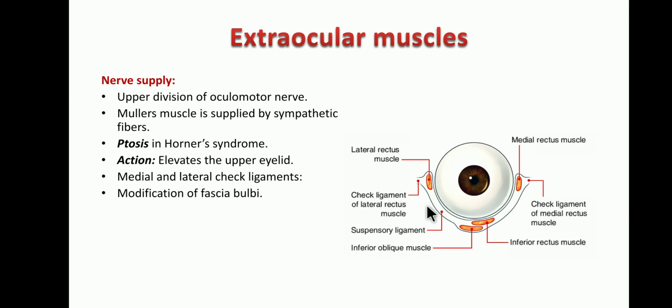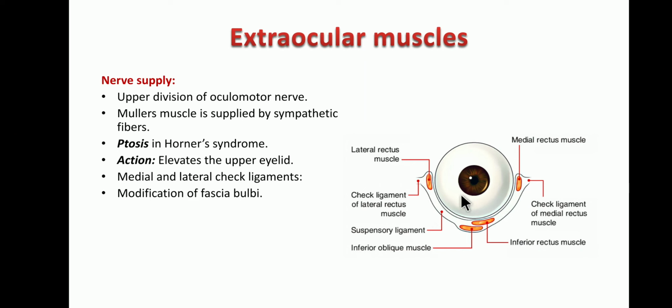It also gives fascial extensions to the extraocular muscles: medial rectus, lateral rectus, inferior rectus, and then attaches as medial and lateral check ligaments. The check ligaments mainly check the contraction of these muscles.